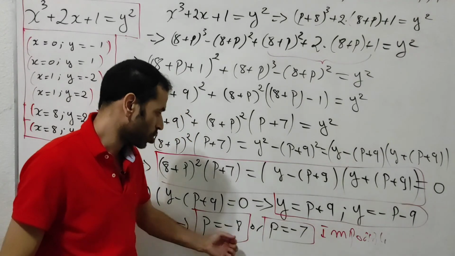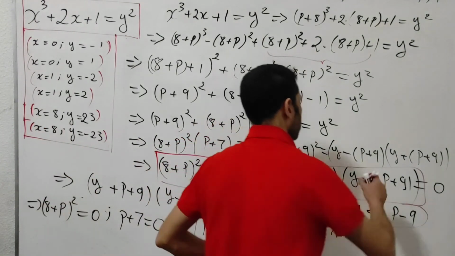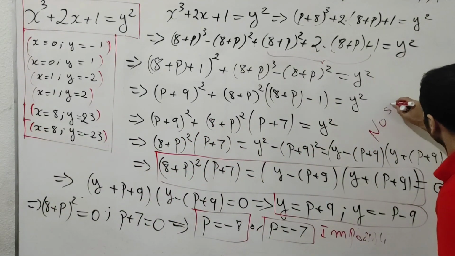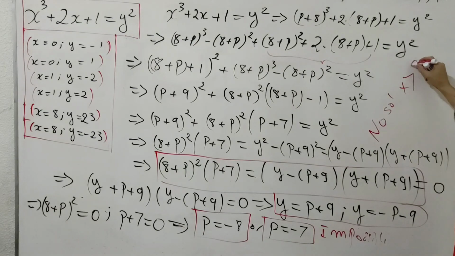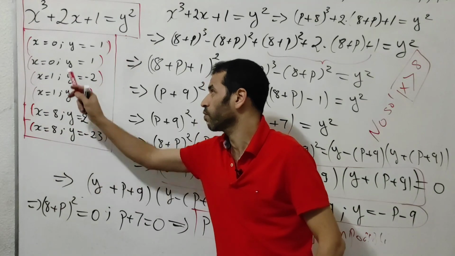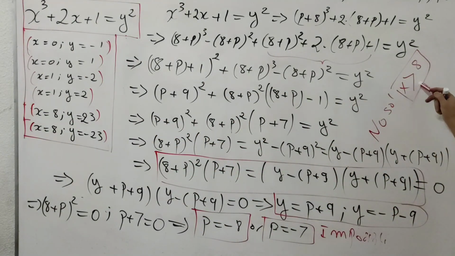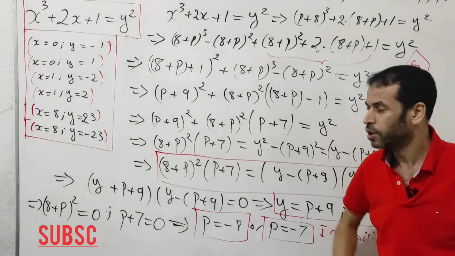This gives us a strong contradiction, so that means we have no solution for x strictly superior to 8. So when x is inferior or equal to 8, we found these solutions, but when x is strictly superior to 8, we found no solutions by this contradiction. Okay, I am done with this problem.